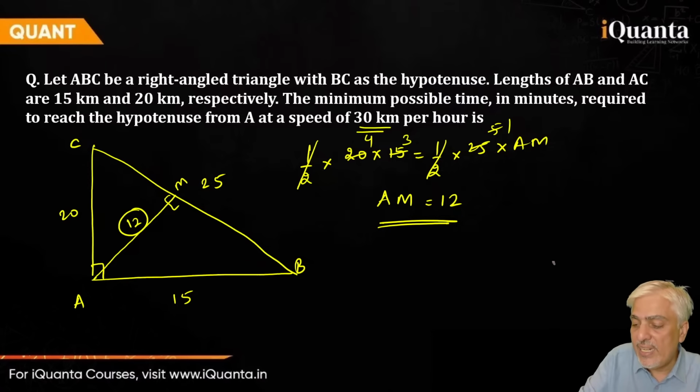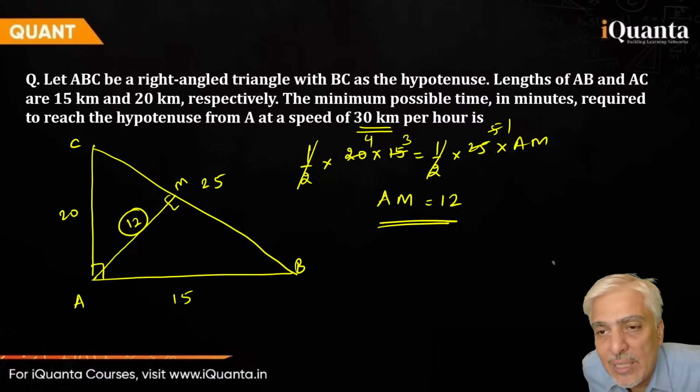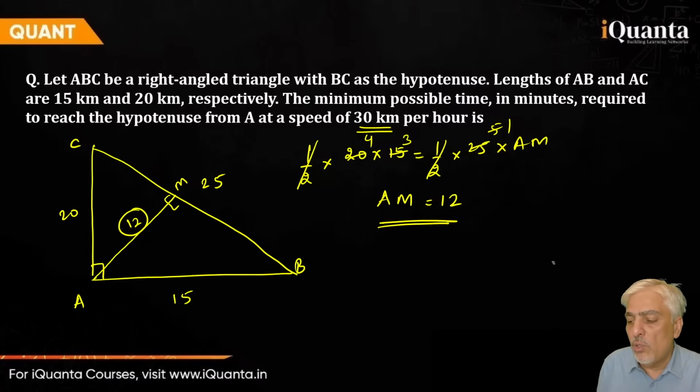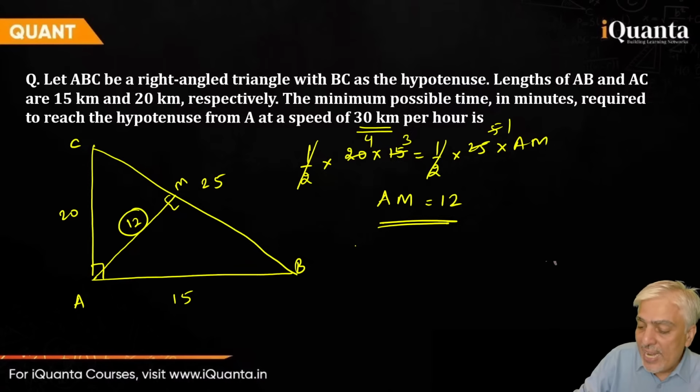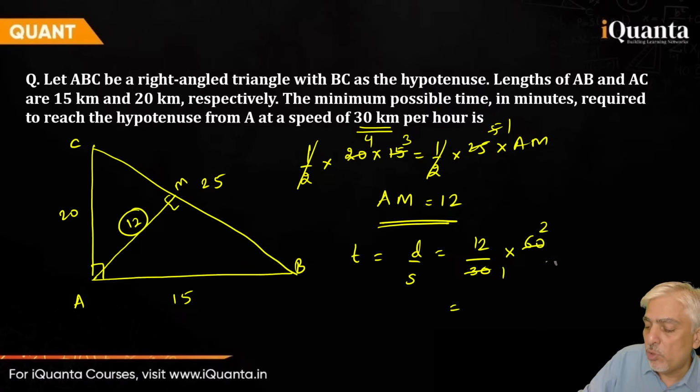Your speed is 30 kilometers per hour. 30 kilometers per hour means you travel 30 kilometers in 1 hour. Time taken is distance upon speed. 12 upon 30, this will be in hours. But they want in minutes, so multiply by 60, 24 minutes.